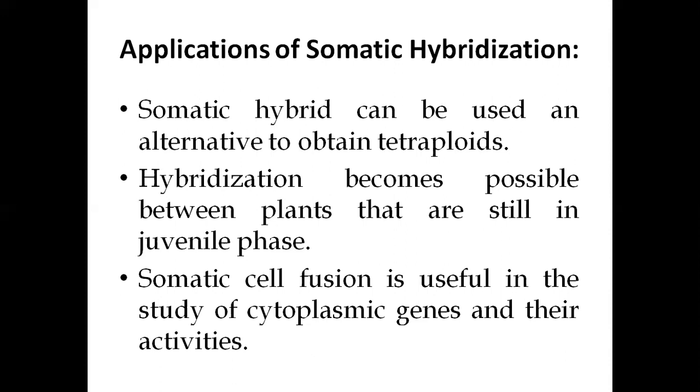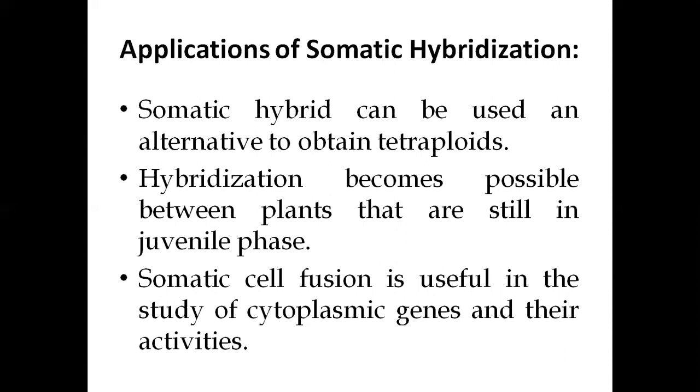The production of fertile diploids and polyploids is possible in case of somatic hybridization from sexually sterile haploids or aneuploids, and even from the triploids. This somatic hybridization is a tool for transfer of genes of disease resistance, so they will be resistant to the particular pathogen infection.